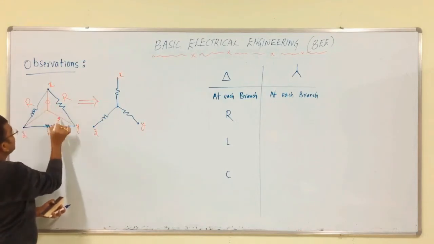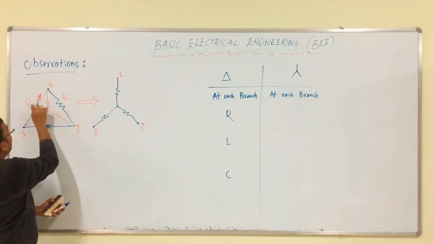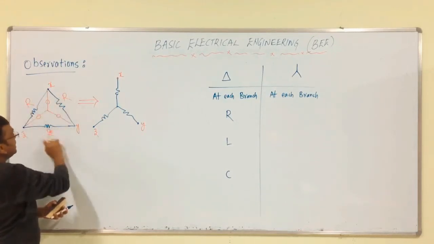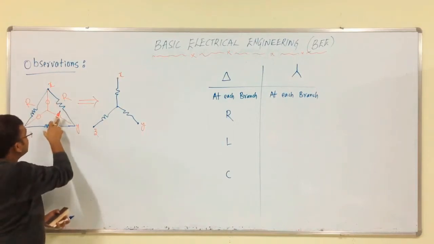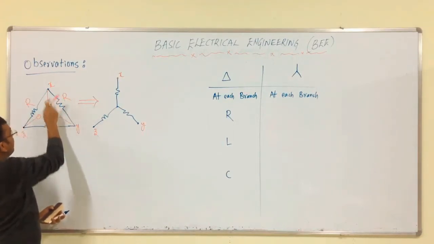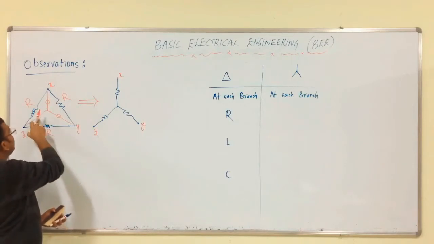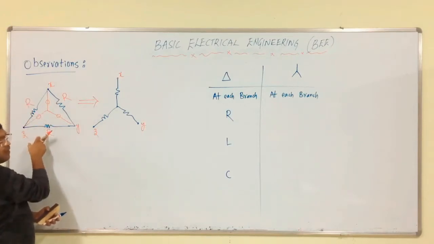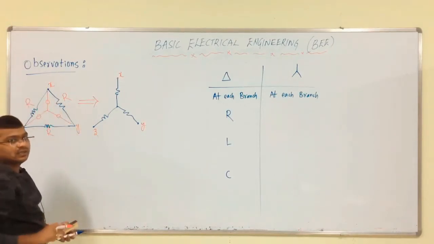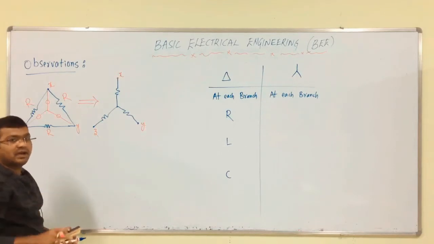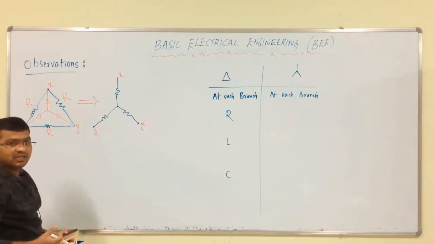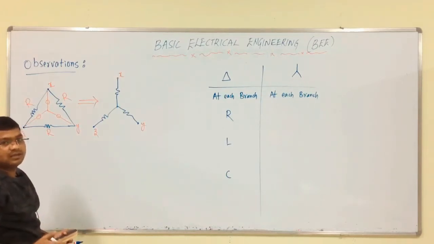To get this branch resistance, it is R into R by the total resistance. If you have any doubt, look at the previous class lecture and look at those formulas.